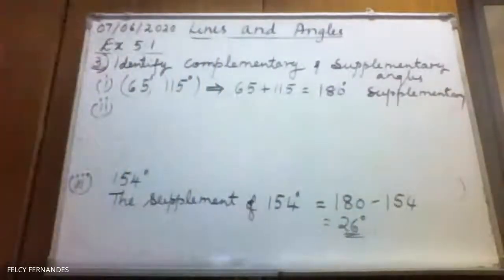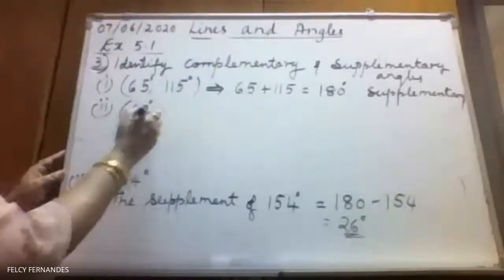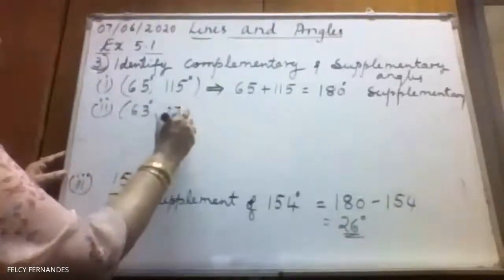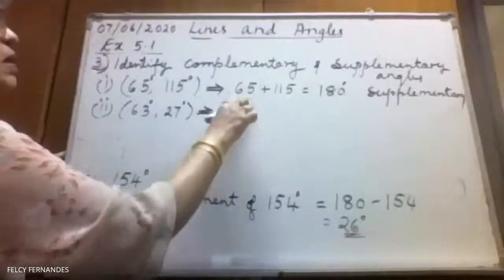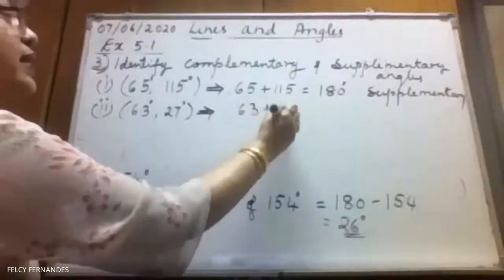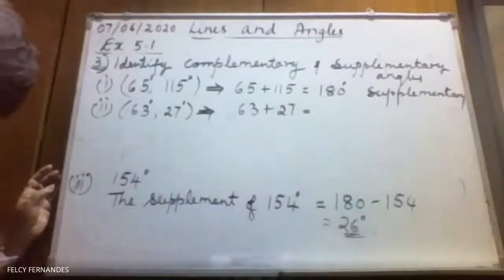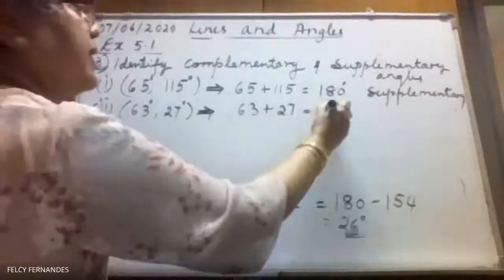The second one, 63 degrees and 27 degrees. Same way. You have to add up this. 63 plus 27. And when you add up this, you will get the answer as 90.